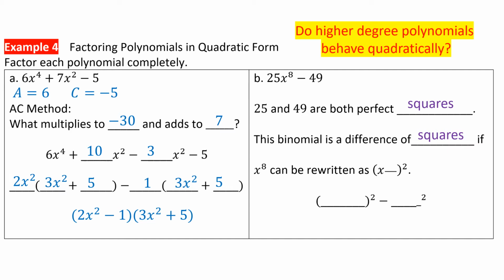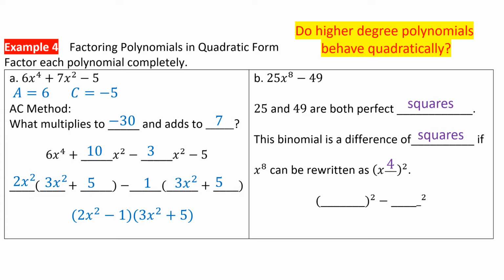Can we rewrite x to the 8th as being x raised to something squared? Well, powers raised to powers get multiplied, so inside those parentheses we would have to say that that was x to the 4th all squared. If that's the case, then 25 is a perfect square, 49 is a perfect square, and x to the 8th is also a perfect square.